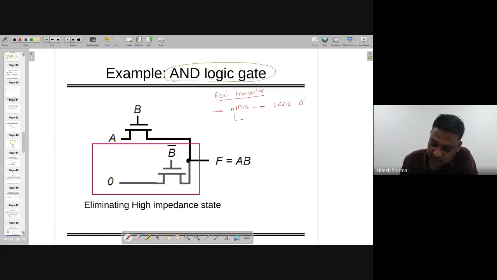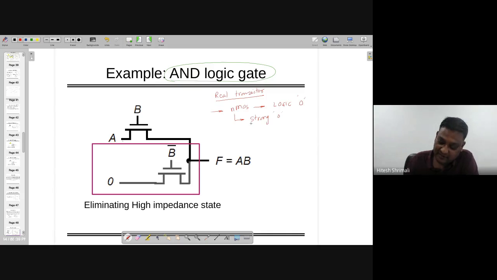So it is a very good logic 0 transferring element, or strong 0 element, whereas PMOS is the one which is strong 1. I'm not writing about it because there is no PMOS available in this circuit. However, you can make this circuit with the PMOS also, right? But in that case, it will be the reverse problem. It cannot give the strong 0. It can only transfer strong 1. It's not transferring the logic 0.